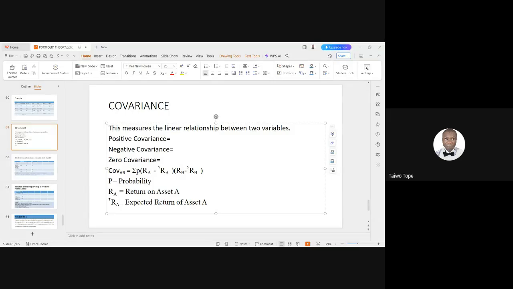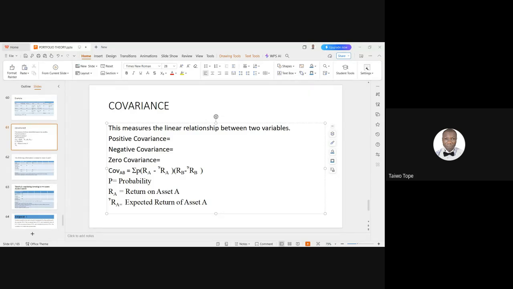There is a relationship between covariance and correlation. But the question is, what is correlation? You know, we define covariance as a measure of how two variables move together.